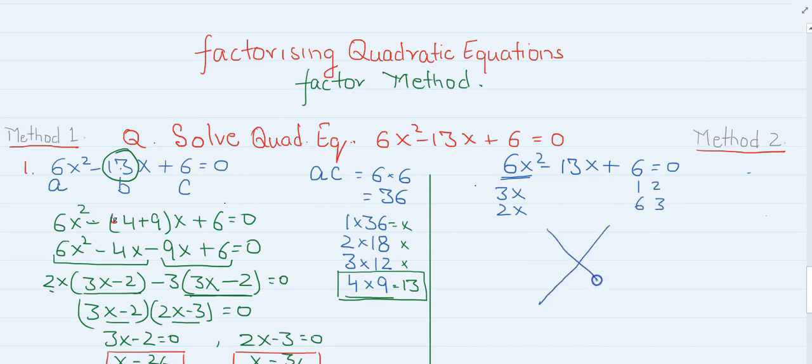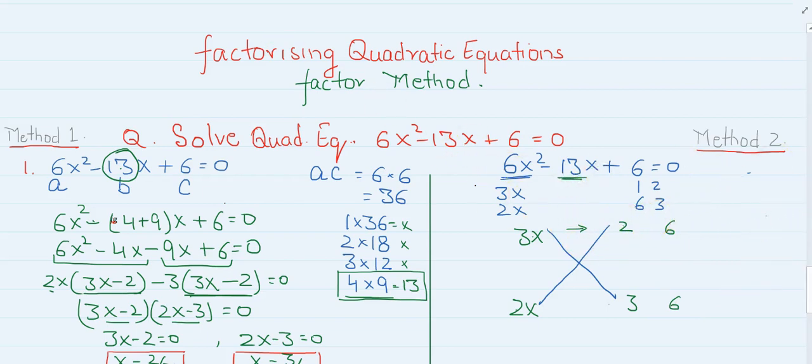Now we draw this figure and write 3x here and 2x here. And let's write the numbers 2 and 3 here. Now we multiply this. 3 times 2 is 6 and 2 times 3 is 6. 6 and 6 is not going to make 13.